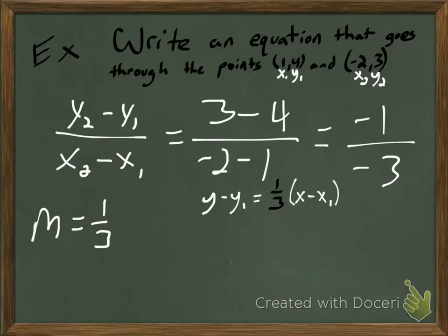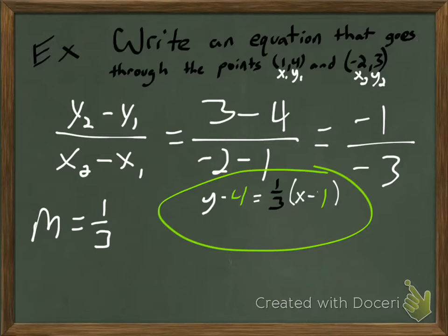I'm going to choose, because I think it's easier, 1, 4. So that means my x1 is now going to become a 1. And my y1 is now going to become a 4. And that's the point-slope equation. We're done. Now, if you wanted to figure out what the slope-intercept form is, you would have to solve it.